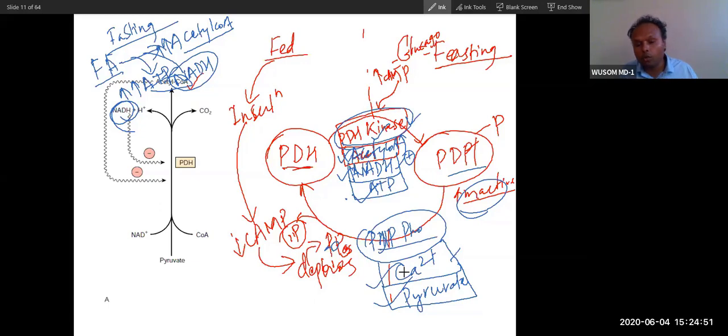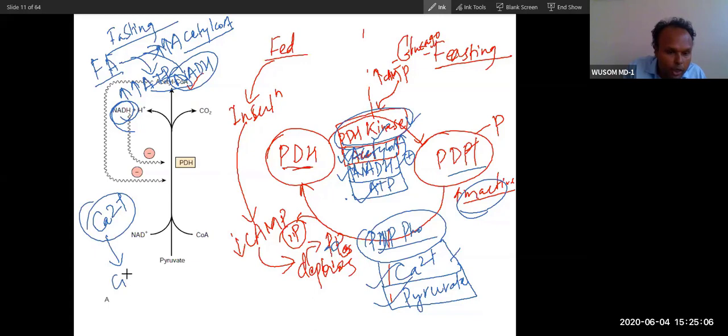And see, why calcium? Because when you start doing exercise, what will happen inside your muscle? Calcium becomes very high inside your muscle, and if calcium becomes very high, it will cause muscle contraction, and contraction also requires energy.